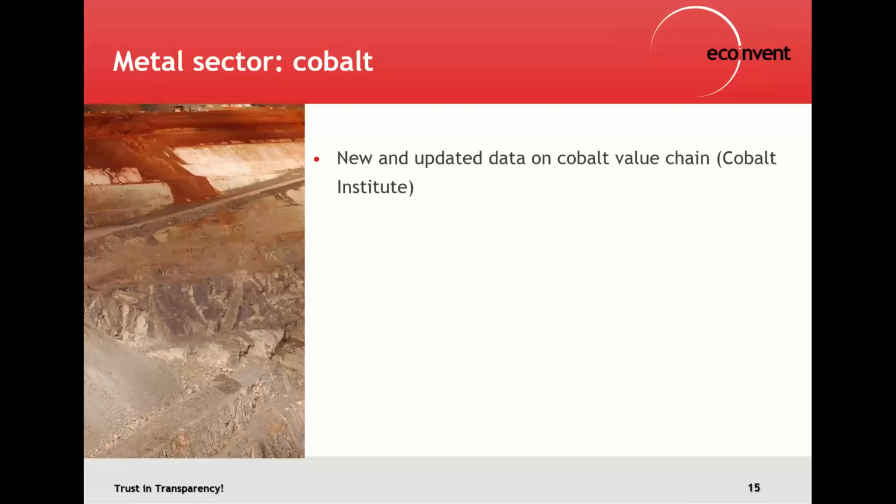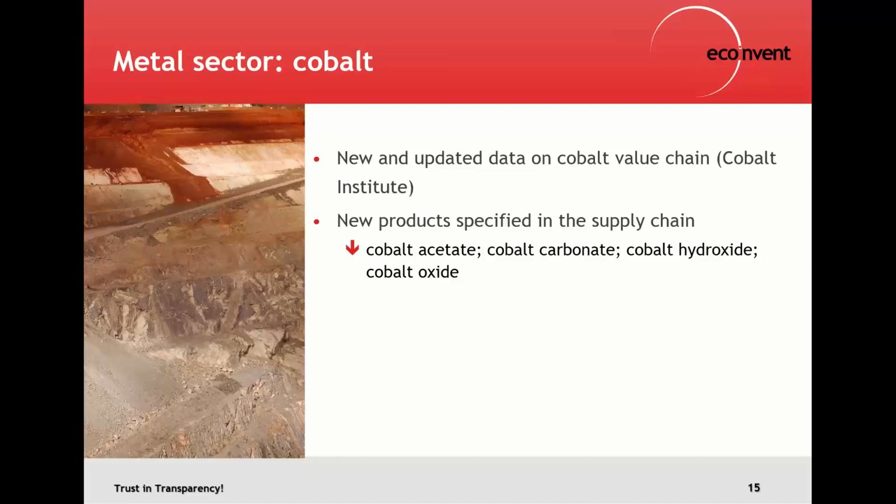So let's start with the updates made on cobalt, which were made with the collaboration of the Cobalt Institute. In that case, the cobalt production has been updated completely. It will include now 4 new cobalt containing reference products, which are listed here.